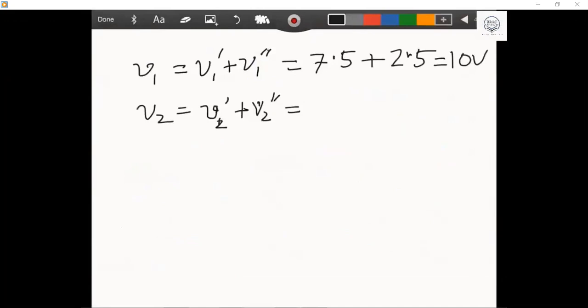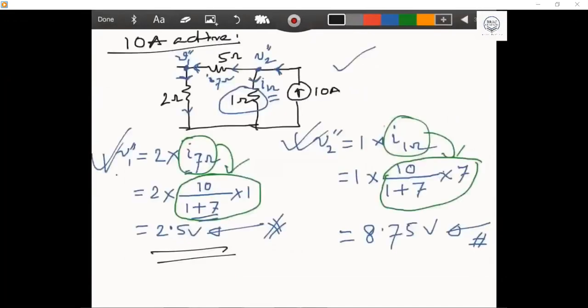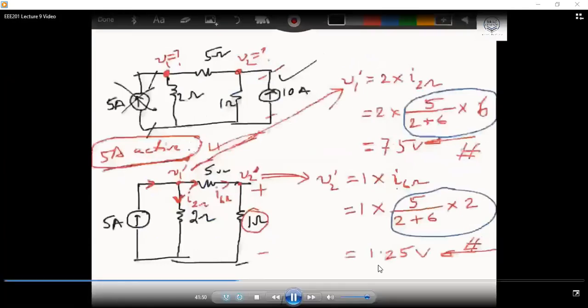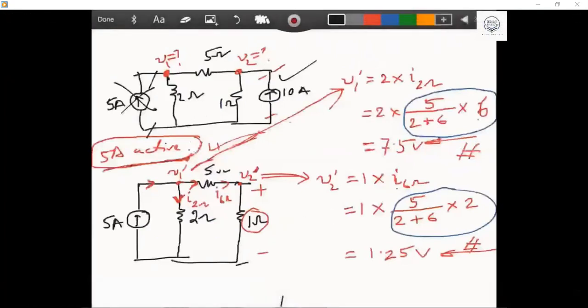Okay. Now V2 prime. V2 prime is 1.25. So you put here 1.25 plus, and V2 double prime is what? V2 double prime is 8.75.